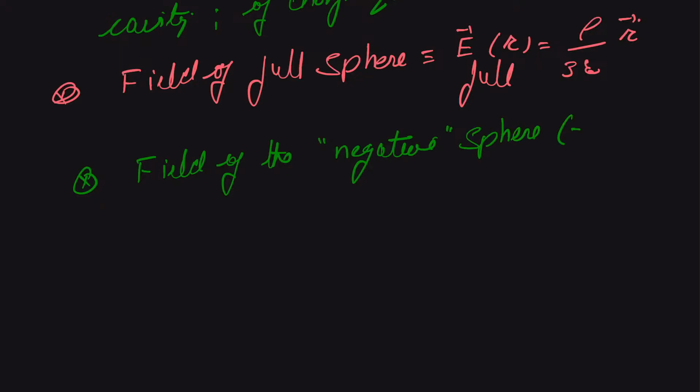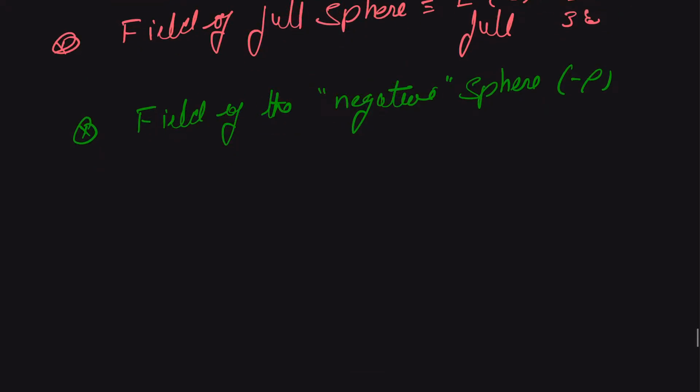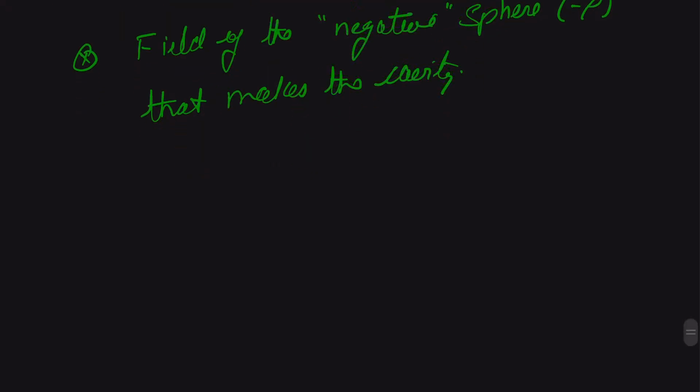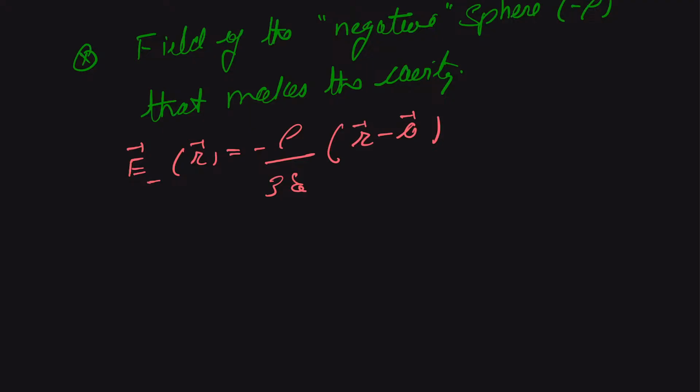Charge density is our minus rho, which is making the cavity, and therefore the electric field due to this, let us call this E minus, at the same distance R will be equal to minus rho upon 3 epsilon naught, and this is our R minus A. That is inside the small sphere.